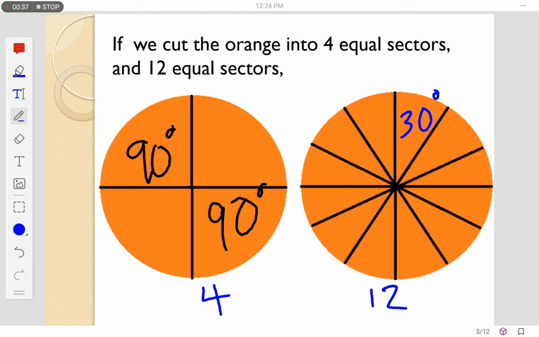What does it mean? It means that if we increase the number of people, the portion that they will get will be smaller and smaller. But if we were to share one orange with, for example, 2 people, we'll get bigger portions.